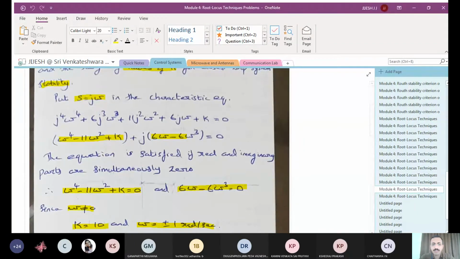While doing the substitutions further, we can find that omega is equal to plus or minus 1 radian per second. So from these two equations we find that K is equal to 10 and omega is equal to plus or minus 1 radian per second.